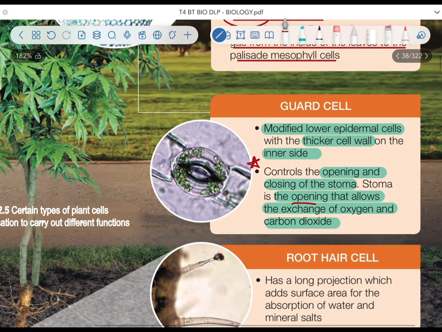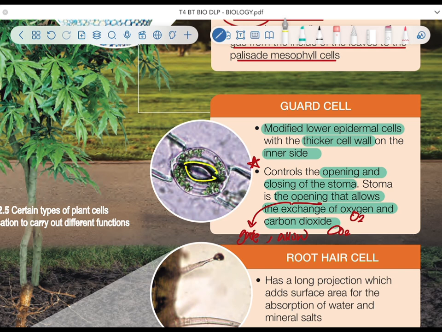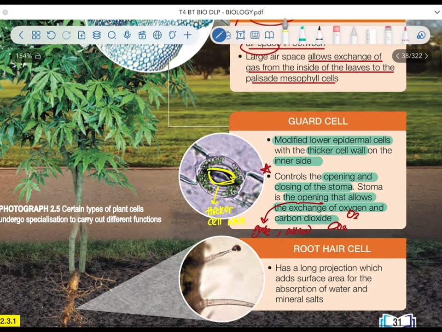This opening is like a gate. The part that I drew in yellow is the inner side of the guard cell, which is the thicker cell wall. The guard cell has a thicker cell wall on the inside.